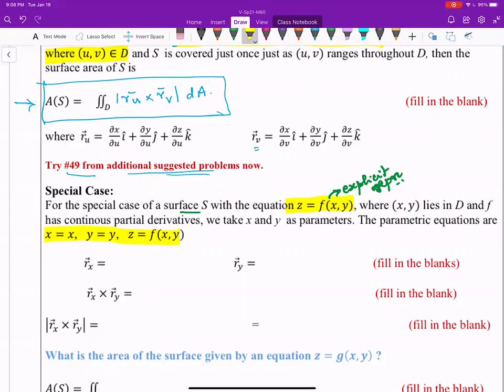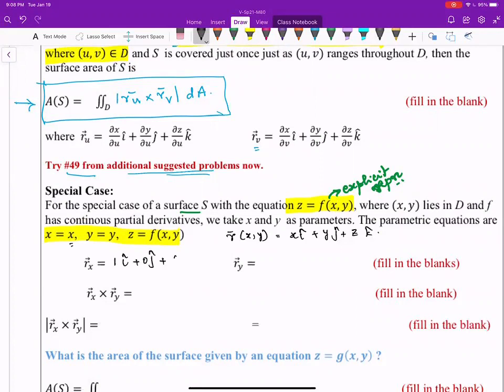We know that the r vector, which is a function of x, y now, becomes x i plus y j plus z k. The r sub x, we are going to partially differentiate with respect to x. So it's 1i, then you have 0j because y is considered as constant.